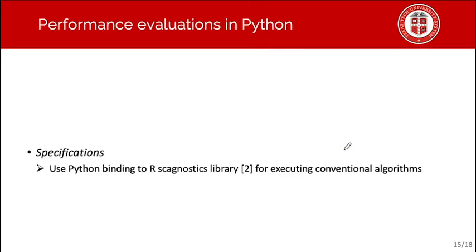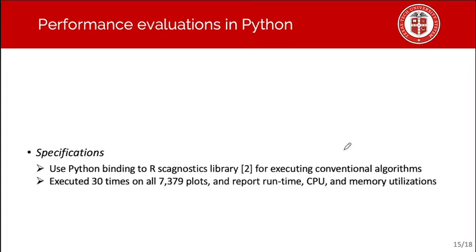In order to confirm the performance of our approach, we also implement and evaluate our approach using Python. We use Python binding to our Scagnostics library for executing conventional algorithms. We executed 30 times on all 7,000 plots and report the runtime, CPU, and memory utilization here.